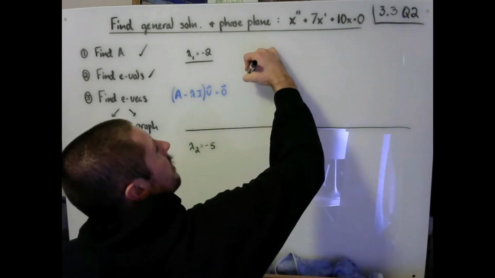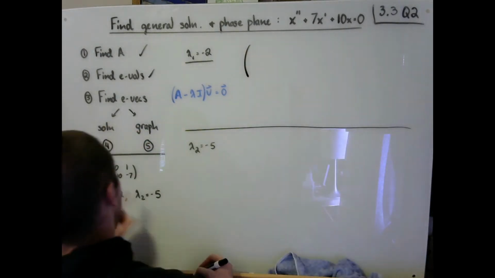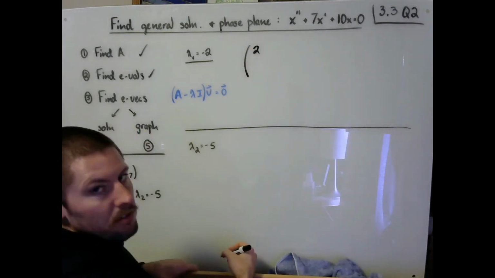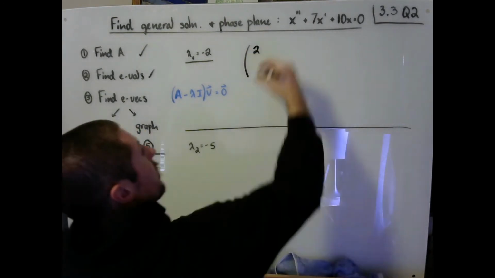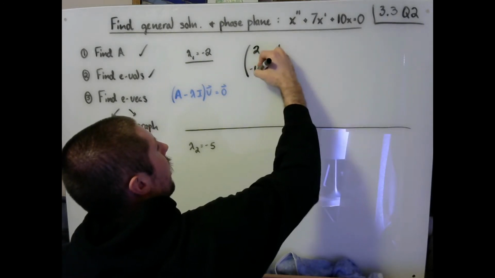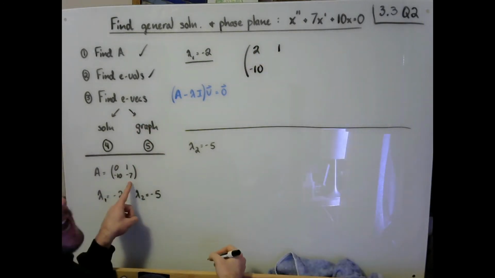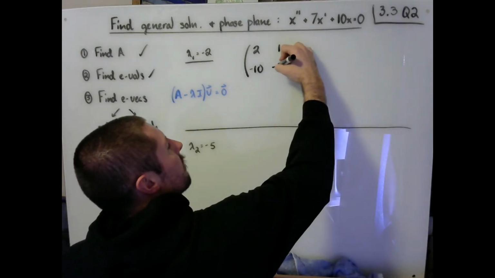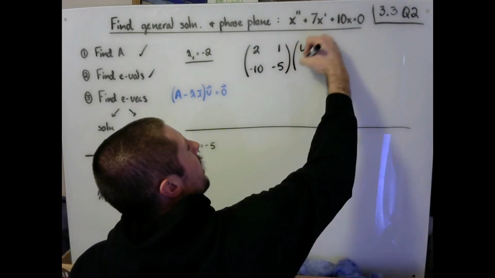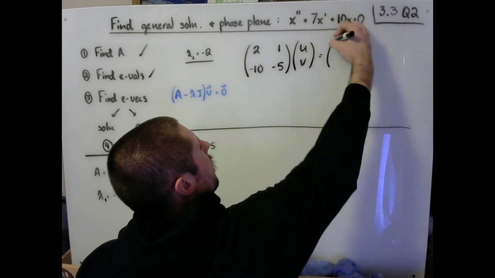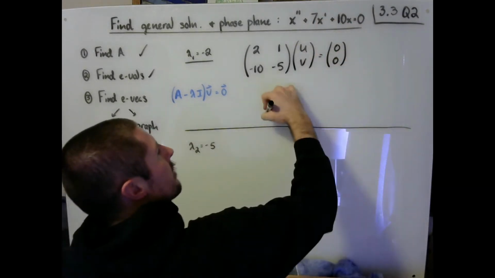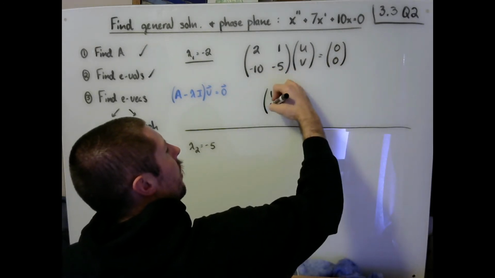In our first case, A minus lambda I, 0 minus lambda in this case is +2, 0 minus -2. We keep the 1 and the -10 on the off diagonals, and then -7 minus -2 should be -5. I'll multiply this by a generic UV vector to get our 0, 0. And hopefully in this case, I think we can visually see what we need here.